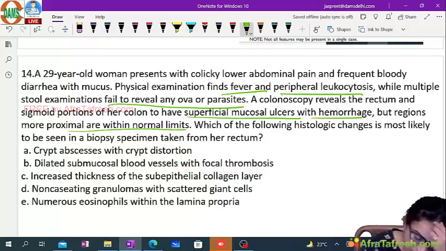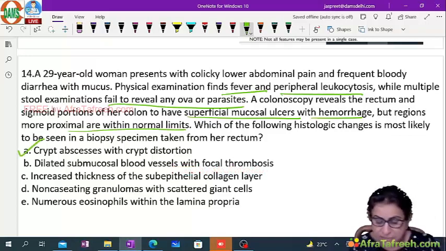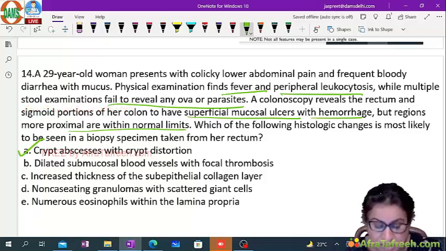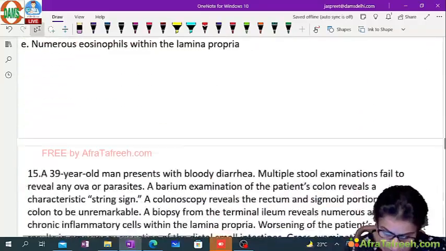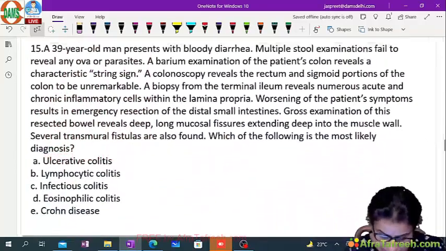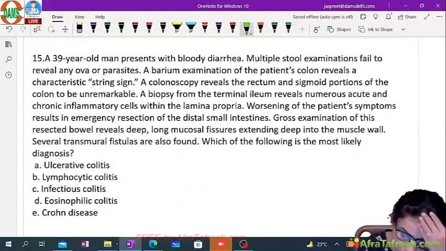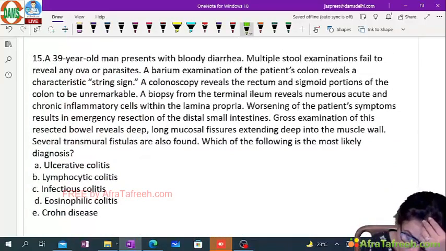Yes, Ayush, the answer is crypt abscesses with crypt distortion and cryptitis. Yes, Yuthika, absolutely correct.